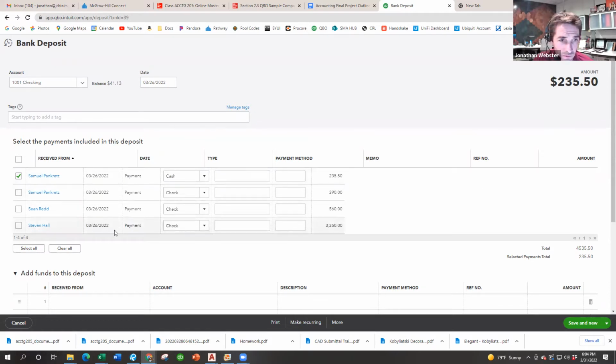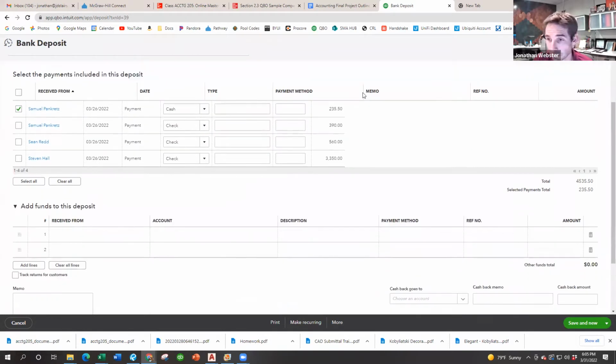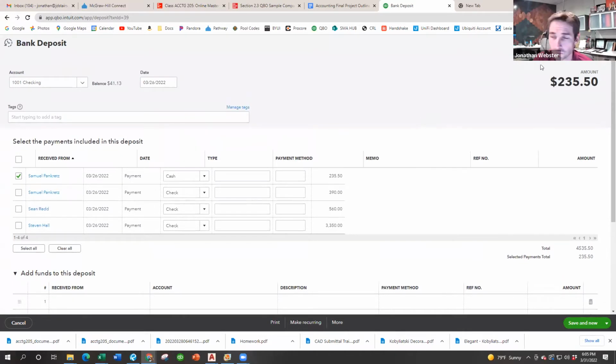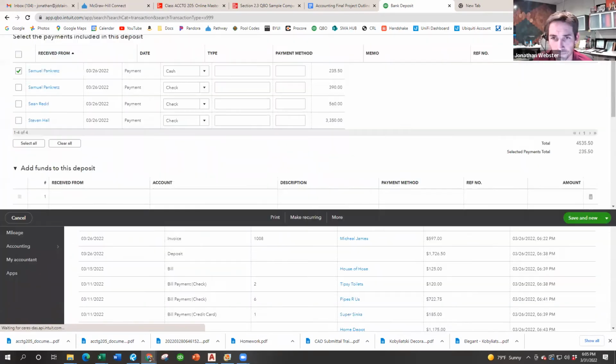Yeah, there were multiple items in here, it looks like, but for Samuel, this one was a payment of $235 that we made to our checking account, which I believe means he still has a balance of $41, if I'm not mistaken. So you can see multiple items there on the deposits, but that would be a bank deposit.